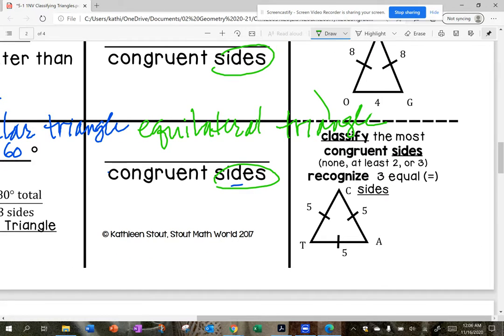And when I have 3 congruent sides, and I can see that by equal tick marks or equal numbers, I call that an equilateral. So here's that prefix again. So equi and lateral is side. And if I have an equiangular triangle, it is also equilateral. So I am classified as both.